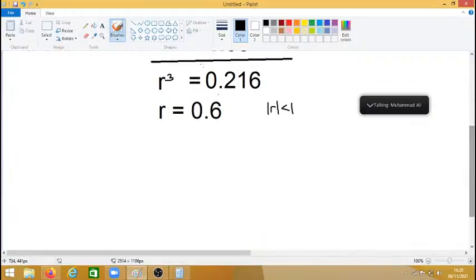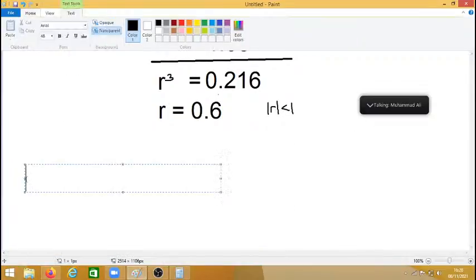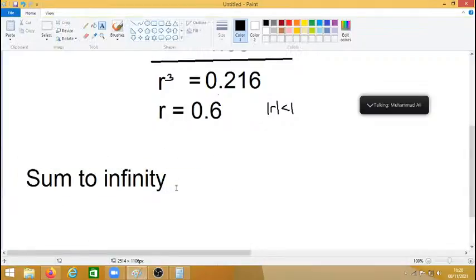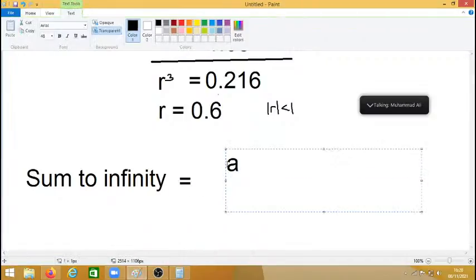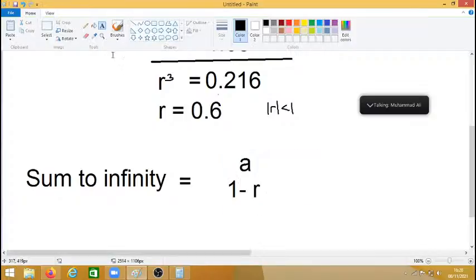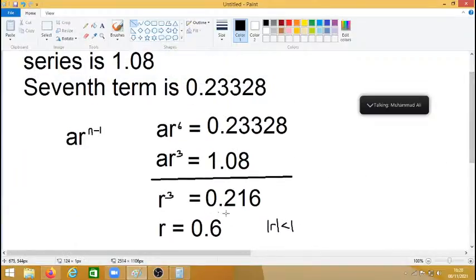Now let's use that new formula for today, which is the sum to infinity is equal to a, can you remember the last bit, over 1 minus r. Well done if you remembered that. So it shouldn't be too hard. We just need to figure out what a is. So 0.6 is your r. If we plug that in, this might be the easier one to go for.